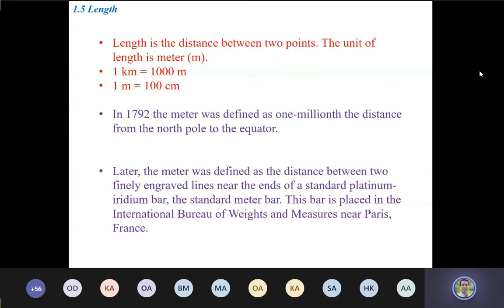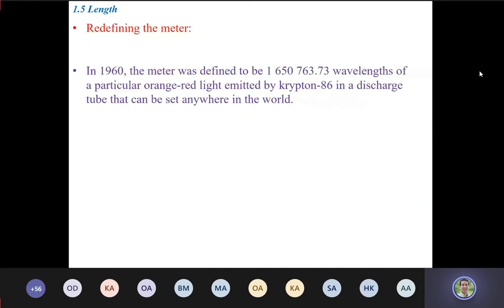But the definition I mentioned, the distance from the North Pole to the equator divided by 1 million, is an extremely classical definition. Afterward, people were not really happy with that kind of definition. They wanted something more accurate, with a high level of precision.